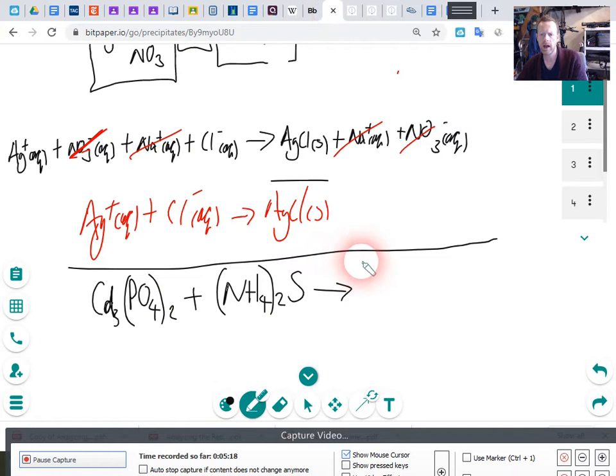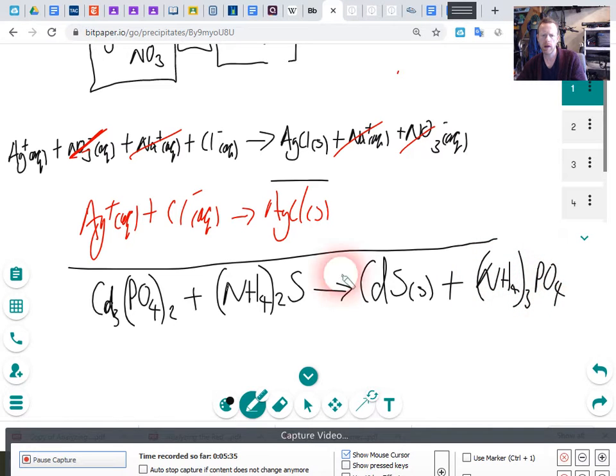So that would be cadmium sulfide, solid, and they're 2 and 2, right? It's 2 here because there's a 2 there. And so then ammonium phosphate, so NH4 3PO4, so balancing, so 3 and 2, I'm hoping that'll work out. Yeah, 2 there, 3 there, and so a 3 here.